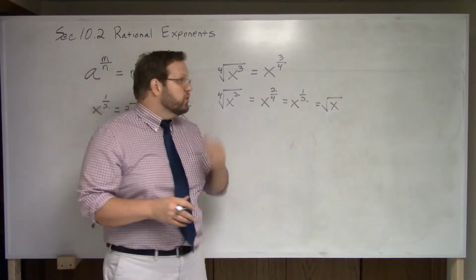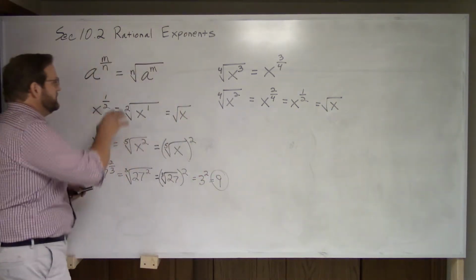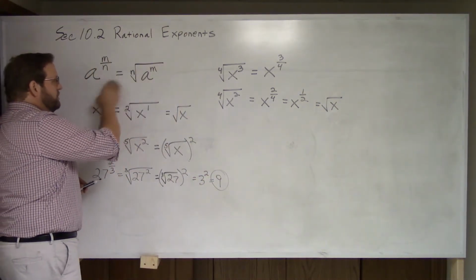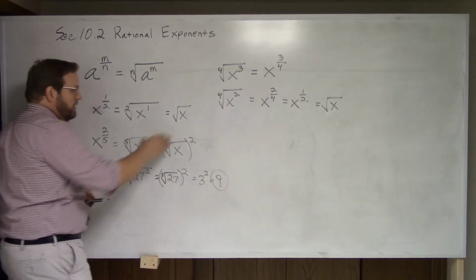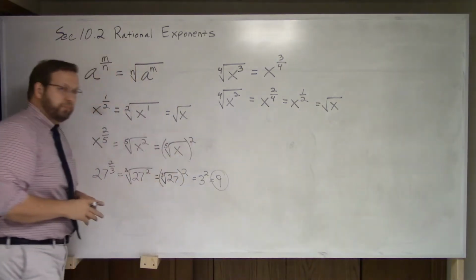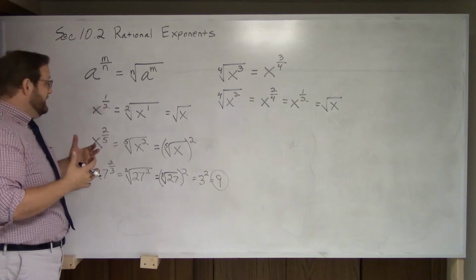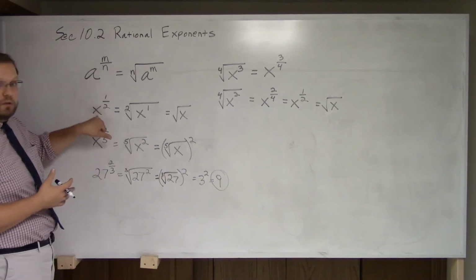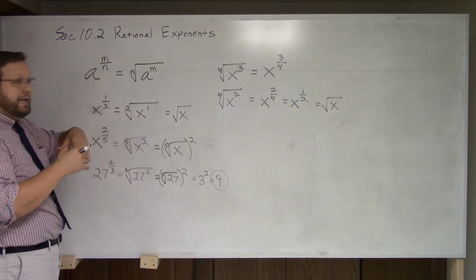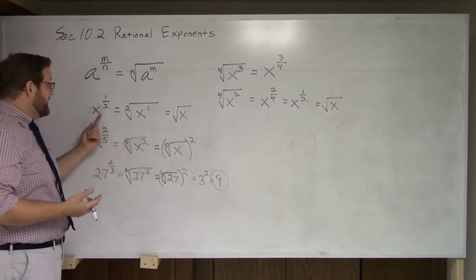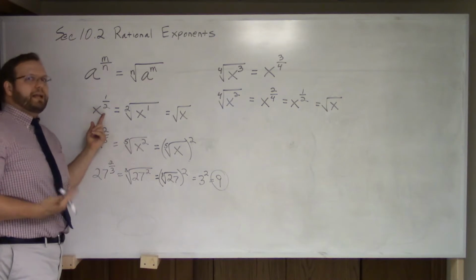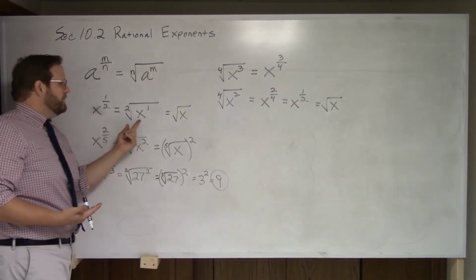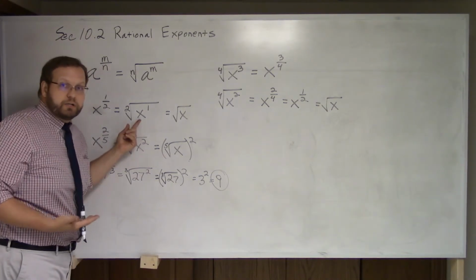Okay, so the first portion of this is, again, just knowing this relationship here and translating from one to the other. Okay, when is it going to be better to do rational exponents versus radical notation? It depends. Sometimes I want to use exponent rules, so let's write it as an exponent. Other times I want to use radical rules, so let's write it as a radical.